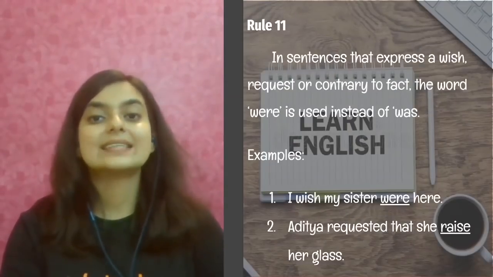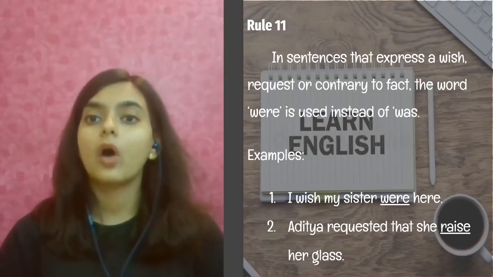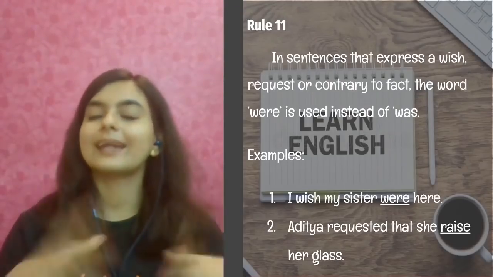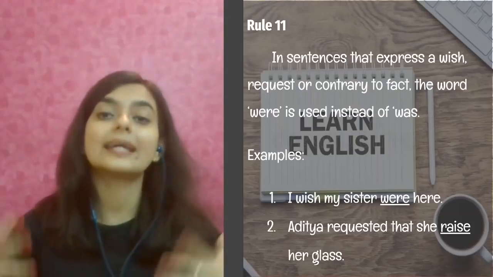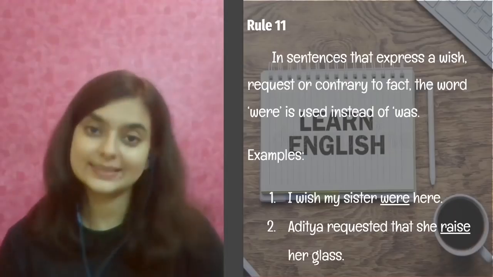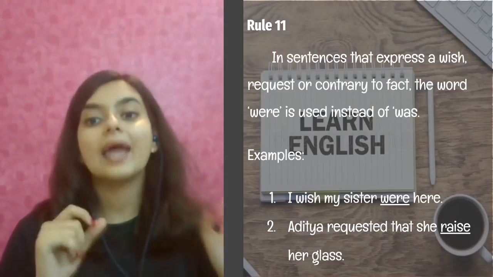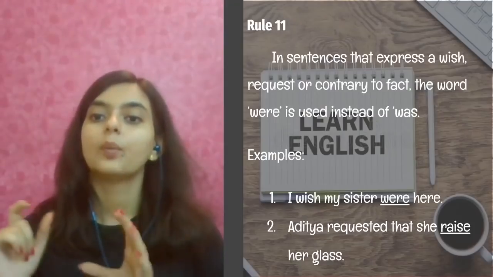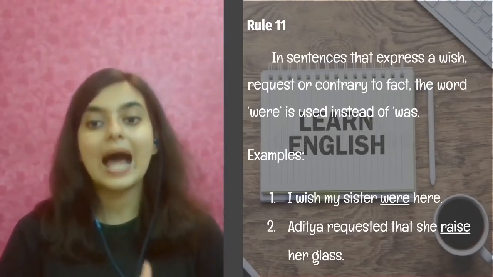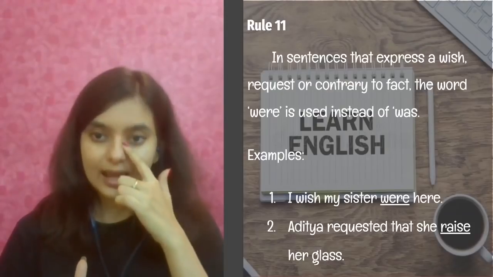Next is a sentence that expresses a wish, request, or something contrary to fact. So they are not factual but they are expressing a wish, or they can be an expression of request. The word were is used instead of was. I wish my sister were here. Aditya requested that she raise her glass.